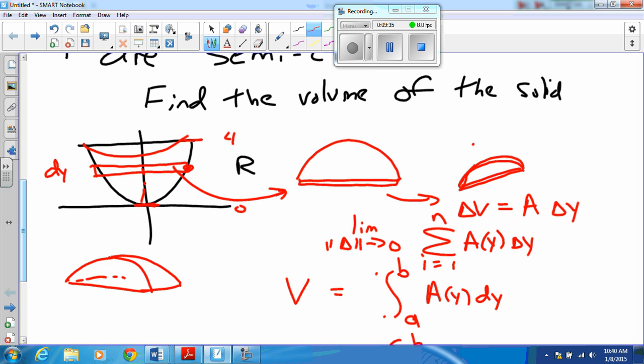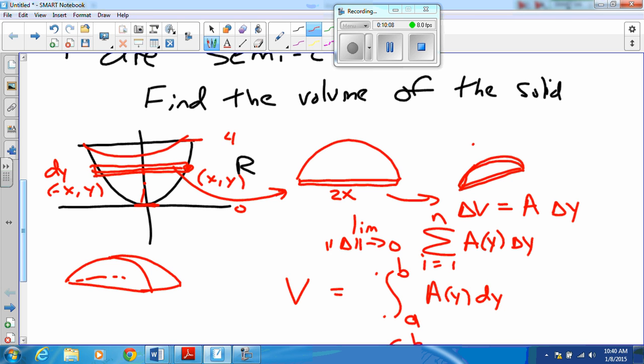And that's going to depend in part on the shape and in part on proper labeling. So if I take a look at my cross-section here and label this point, this point would be labeled x comma y, right? And because the curve is symmetric, this point here is going to be labeled as negative x comma y. And the distance across here is the horizontal distance from negative x, y to positive x, y. In other words, the width here is going to be equal to 2x.